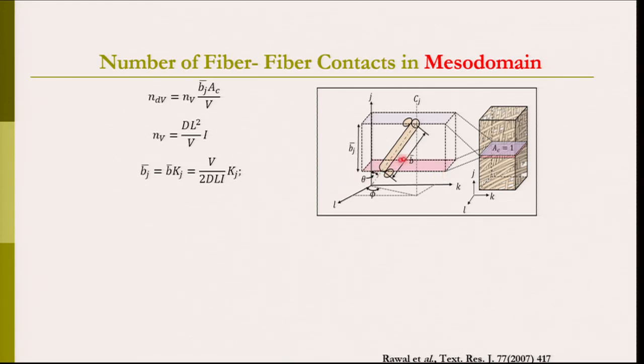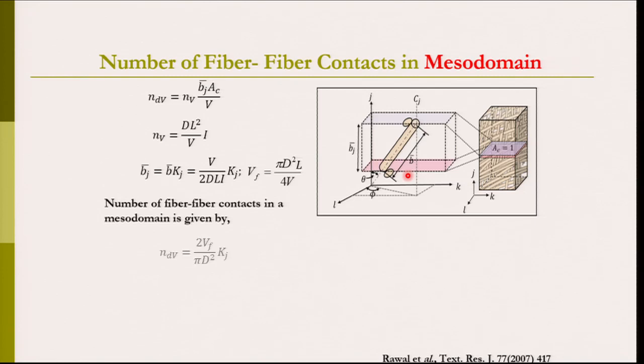So, using the basic principles of stereology, we can calculate the NdV by making use of the expression of fiber volume fraction, which is pi d square by 4 V L, and one can calculate the total number of fiber to fiber contacts in a mesodomain, which is a function of fiber volume fraction, fiber diameter, and Kj is the directional parameter.